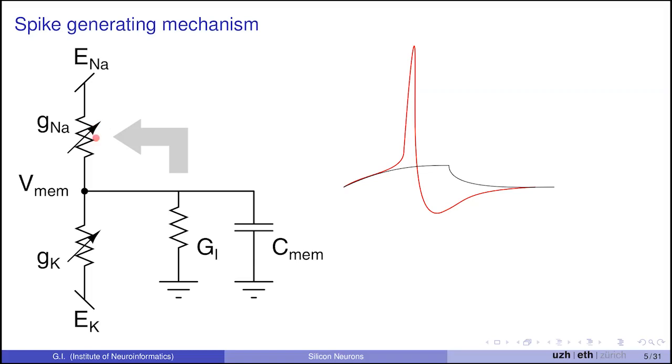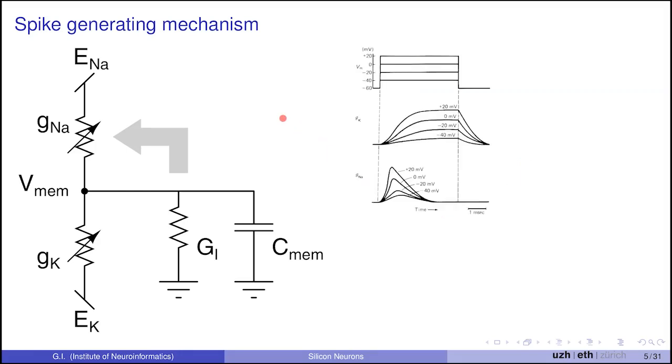And depending on the parameters, the properties, how fast these channels are, how quickly they open, how long they last, what are the dynamics, you can get different shapes of action potentials. So here there are examples of how exactly the sodium and the potassium channels open whenever you depolarize the membrane potential by injecting constant current.